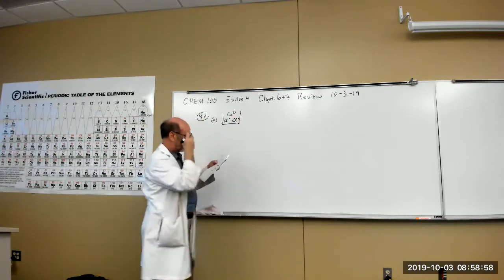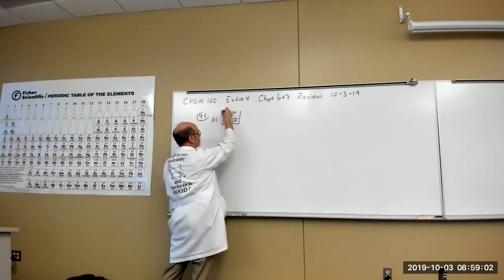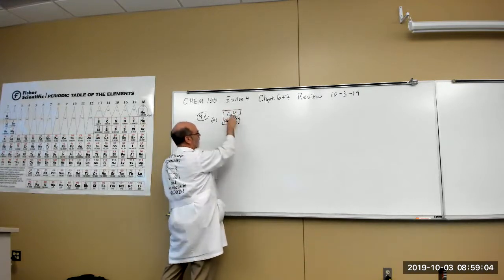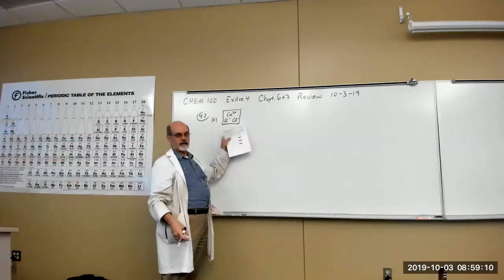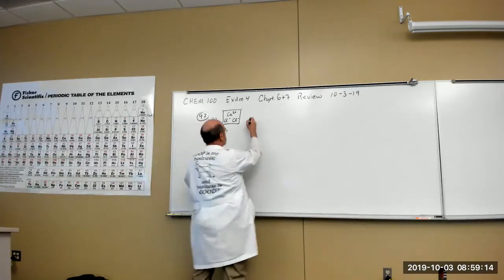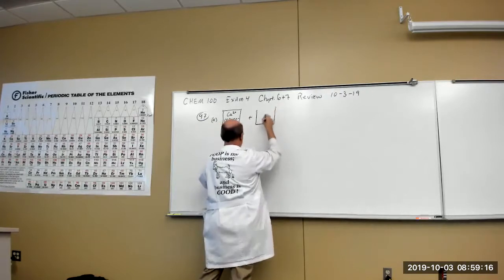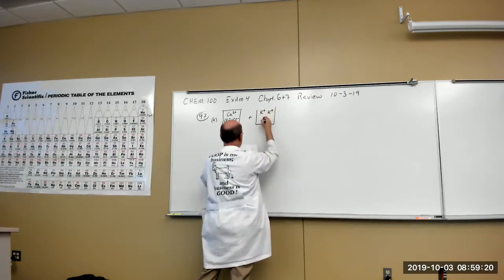Okay. So that compound is in aqueous solution. Calcium chloride. You got 2 negatives, 1 positive. Right? So that's the mole ratio of this compound in solution. 1 calcium, 2 chlorines. Right? The other solution has potassium, 2 potassiums, and 1 sulfate.